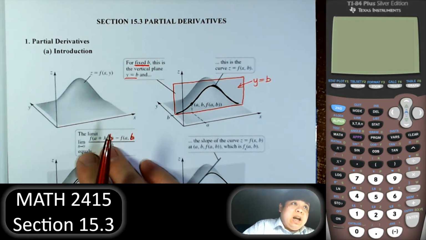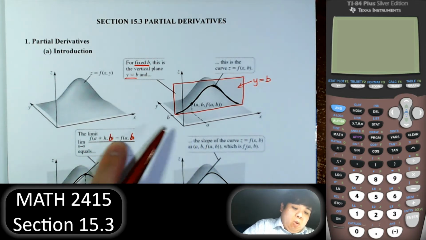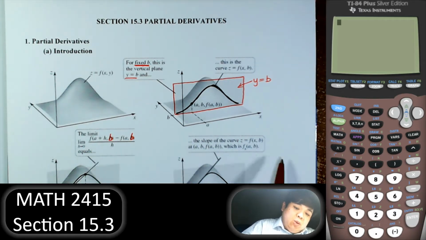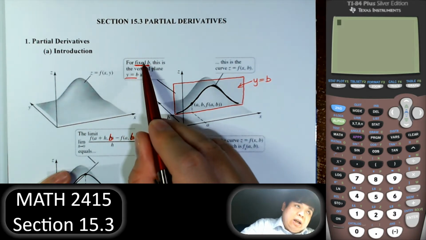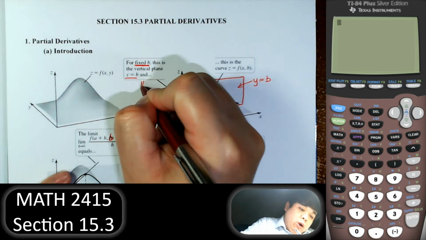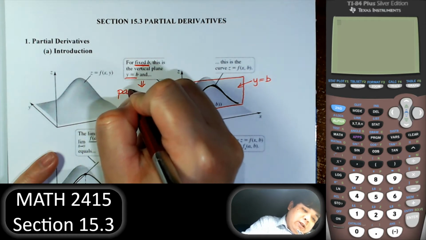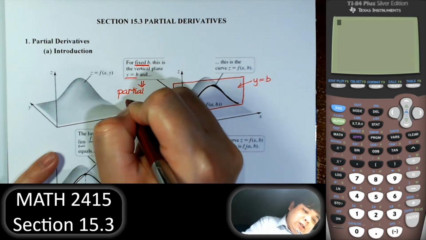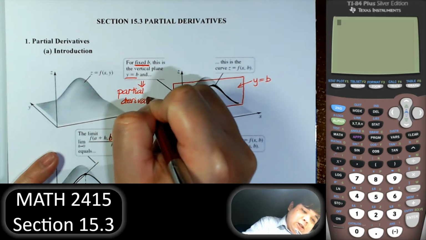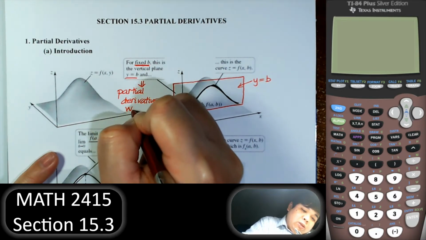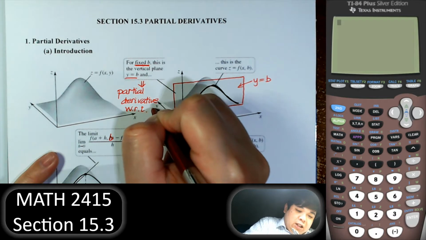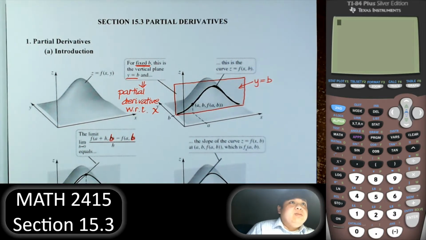So this is exactly like Calculus 1, but we just keep y as a constant, and with that we define what we call the partial derivative with respect to x, where we let y be a constant. So when we let y be a constant, what we have when we define the derivative is the partial derivative with respect to x when y is a constant.